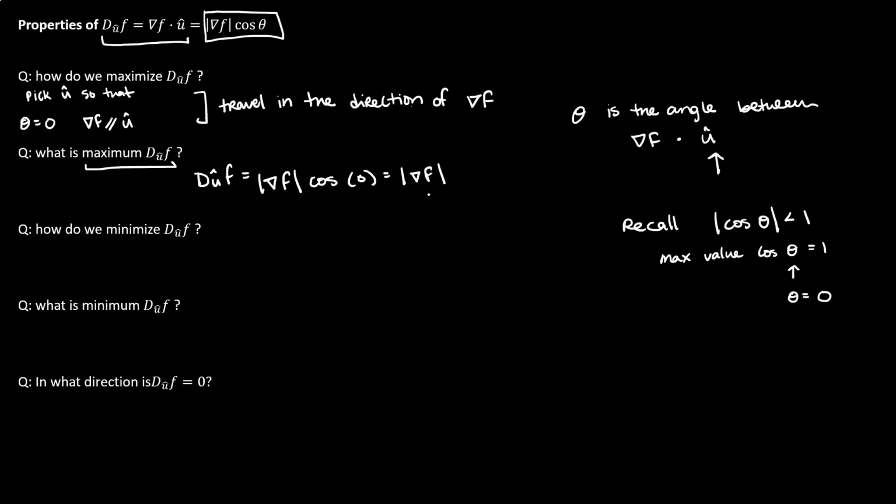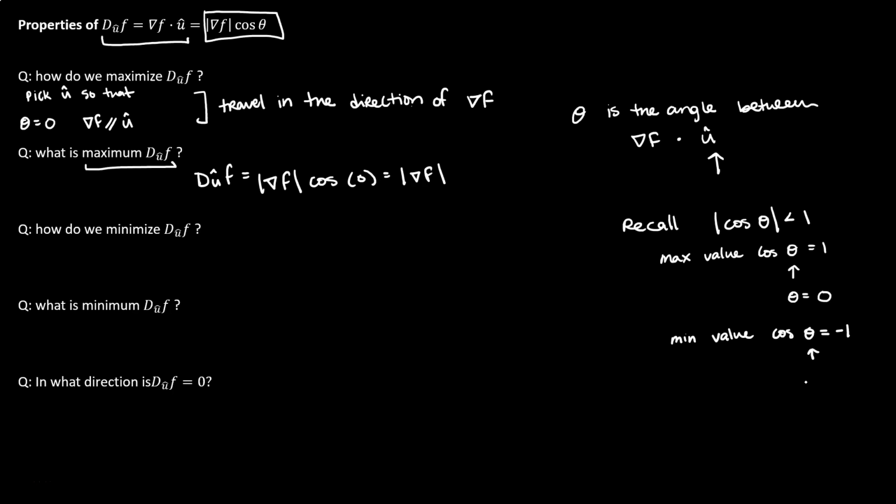So let's use the same thinking to find the minimal directional derivative. So if traveling parallel to the gradient vector gave us an angle of 0, which maximized our cosine theta, let's think about what the minimum value of cosine theta is. Cosine theta can be equal to 0, but the real minimum value is -1.